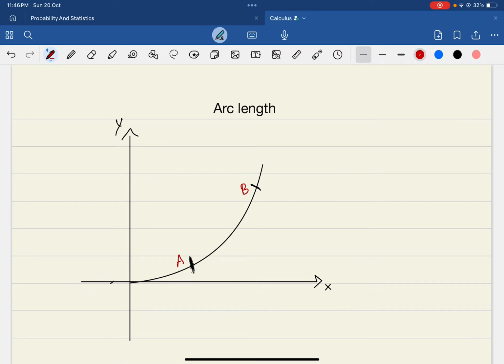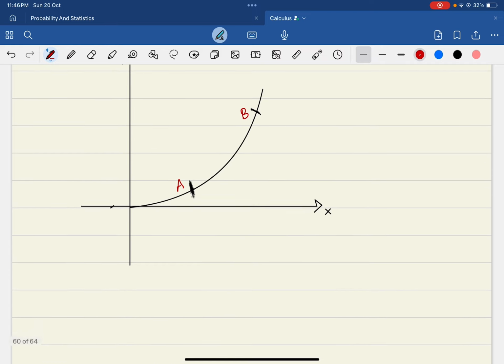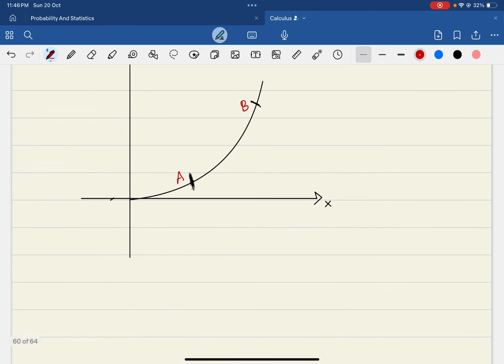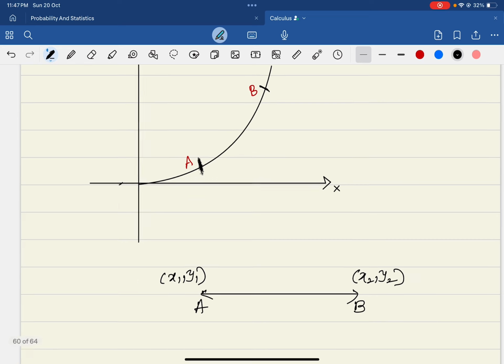For this, the first thing we have to understand is the definition of the distance between any two points of a line segment. For example, what is the length of the line segment AB? Let us say the point A is (x1, y1) and the point B is (x2, y2).